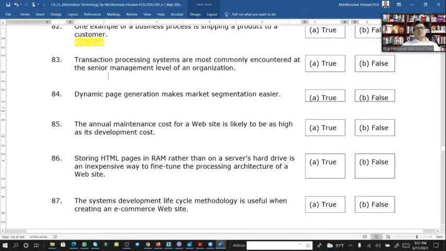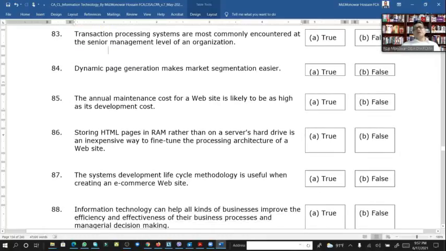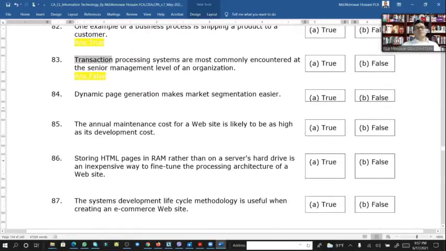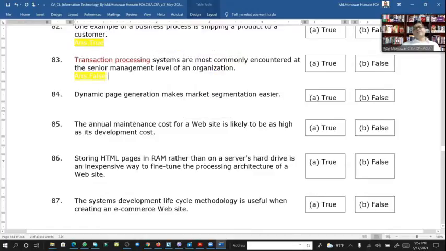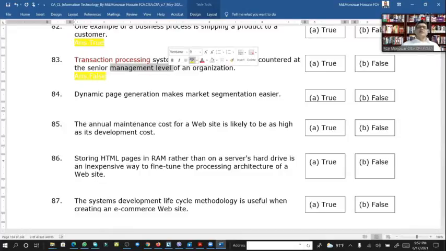It is true. Transaction processing systems are most commonly encountered at the senior management level of an organization. So it will not be true, because it's false. Transaction processing goes to the operational level, not the senior or management level.